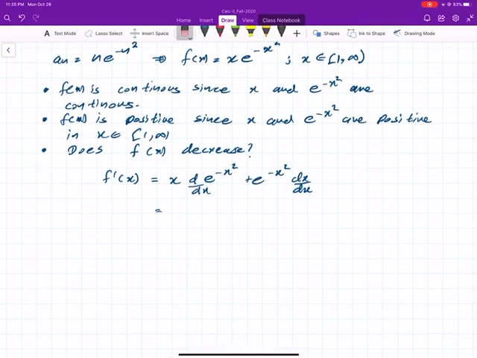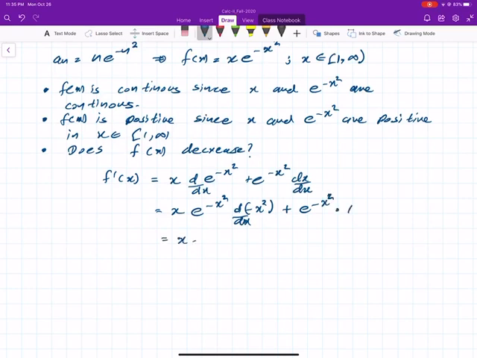Okay, so this is x times the derivative of e to the negative x square, and then use the chain rule to get the derivative of the power, which is d over dx of negative x square, and this is e to the power negative x square times 1.